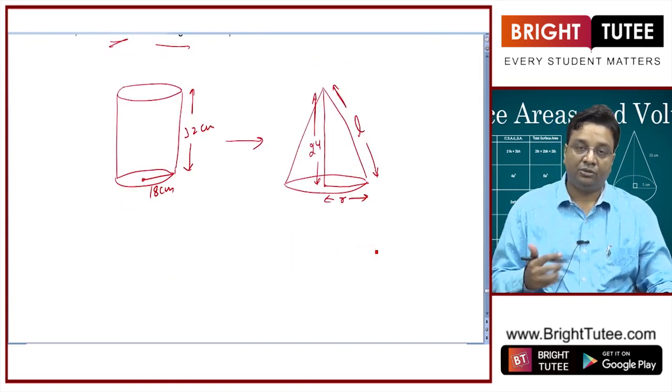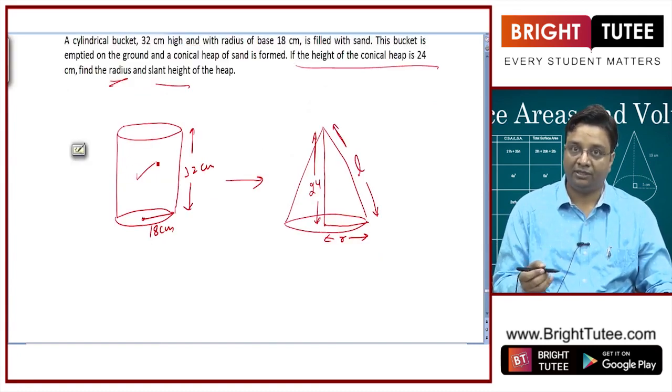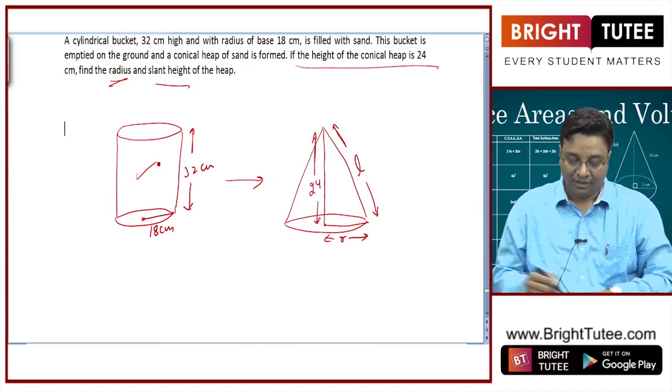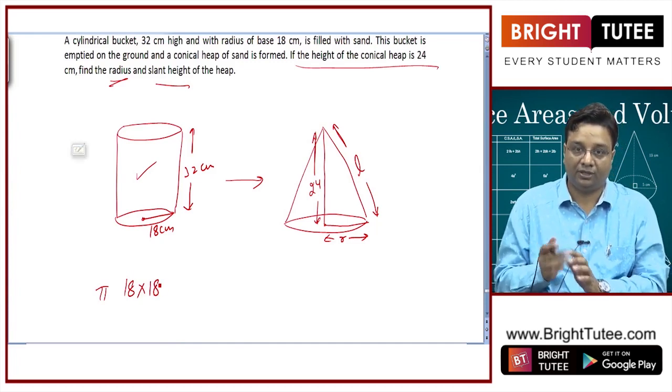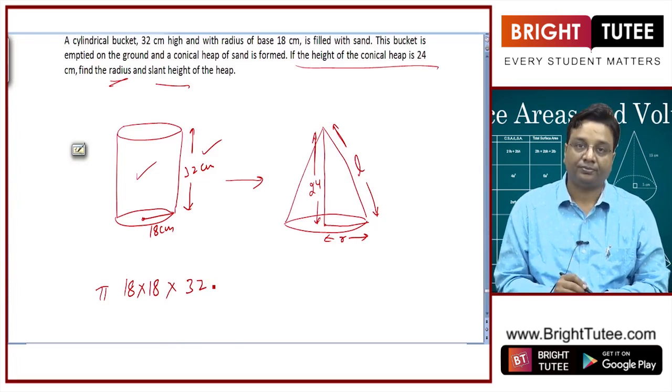So we will again use that concept that the volume of the sand will remain constant whether it is in cylindrical shape or in a conical heap shape. So volume here is pi r square h, where r is 18 and height h is 32.